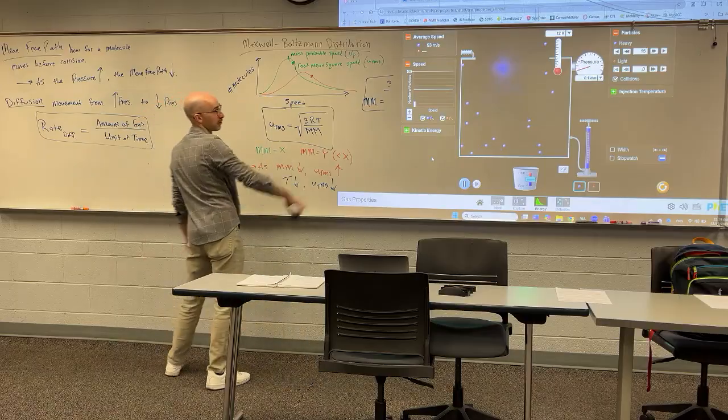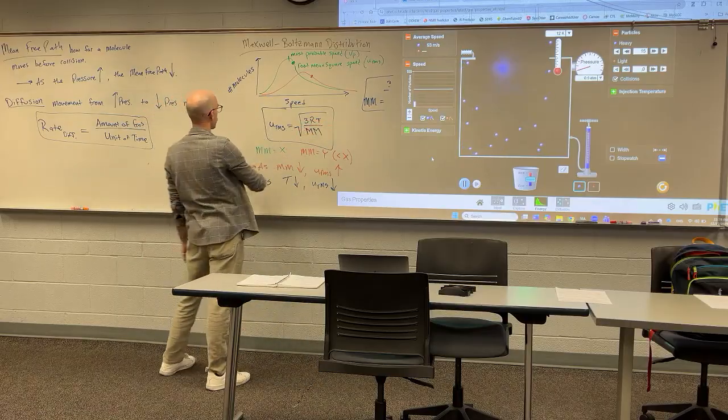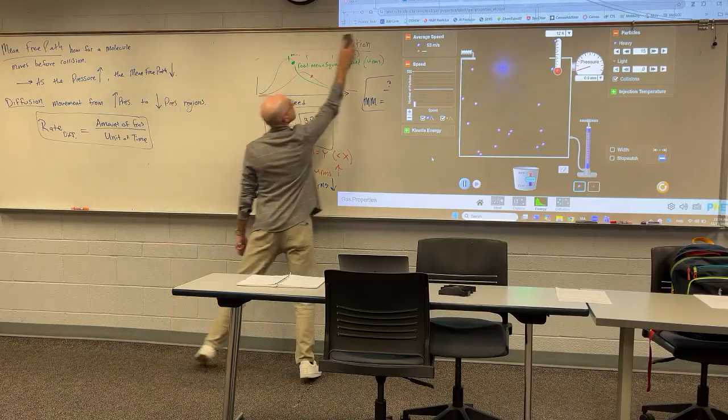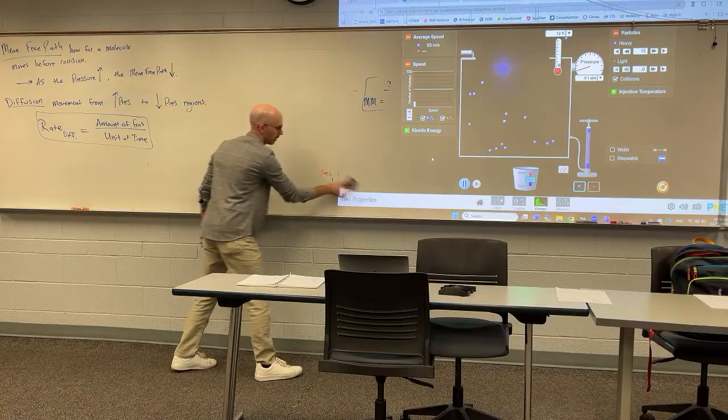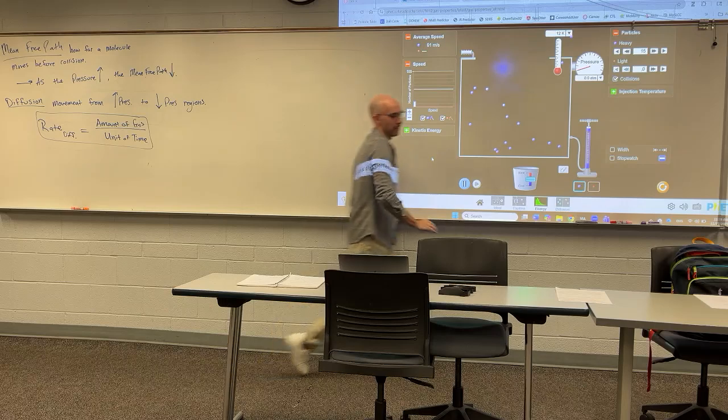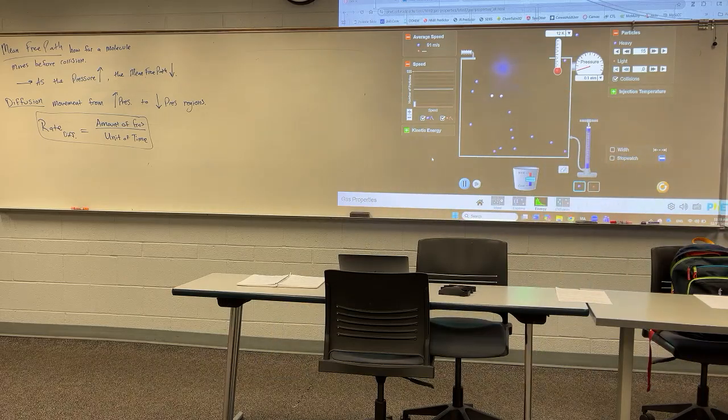One thing about the rate of diffusion, do you guys see what molecules are left? What type of molecules are left in my system? Just heavy. All right, now to be fair, I may not have done a good job of having an even number of heavy and light atoms.